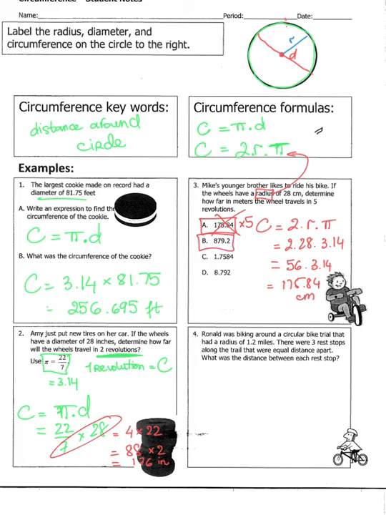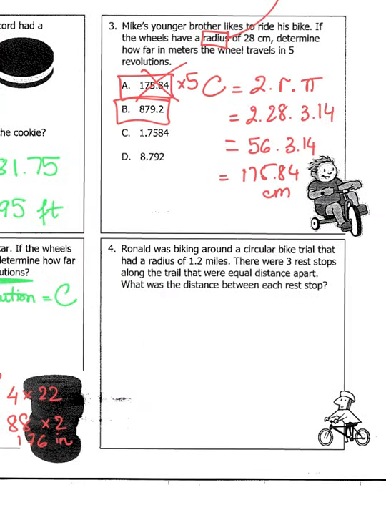Number 4. Ronaldo was biking around a circular bike trail that had a radius of 1.2 miles. There were 3 rest stops along the trail that were equidistant apart. What was the distance between each rest stop?